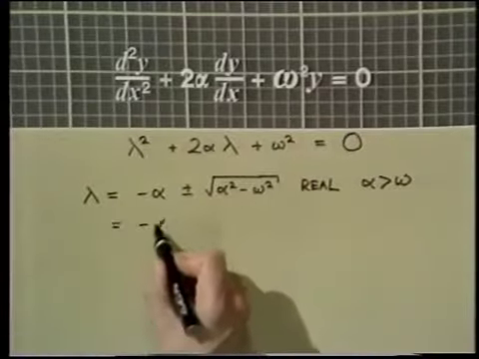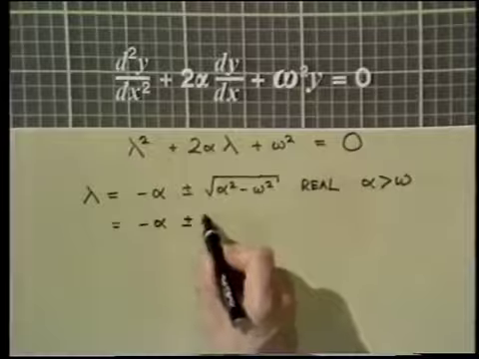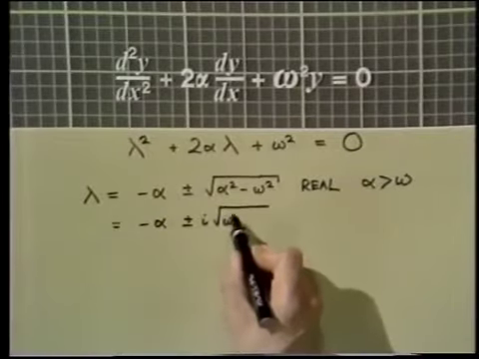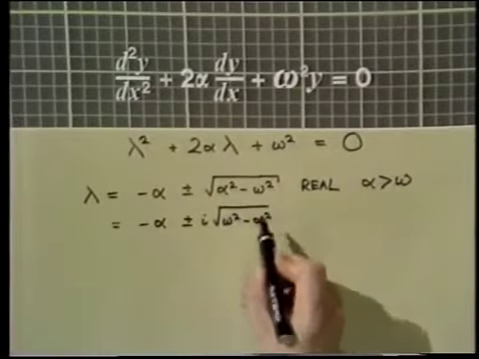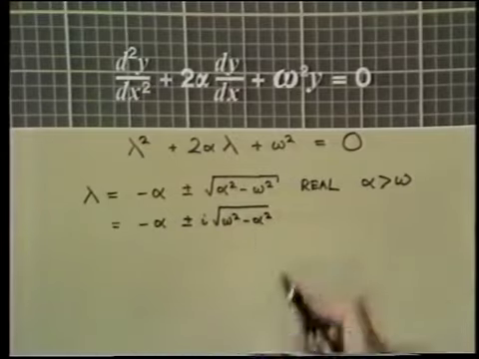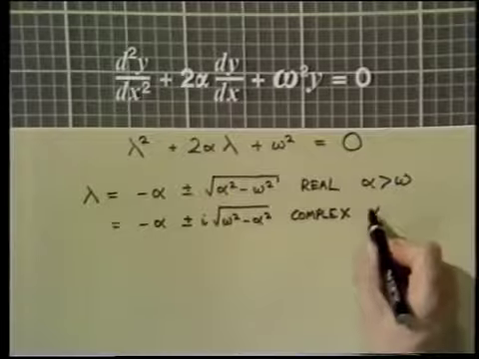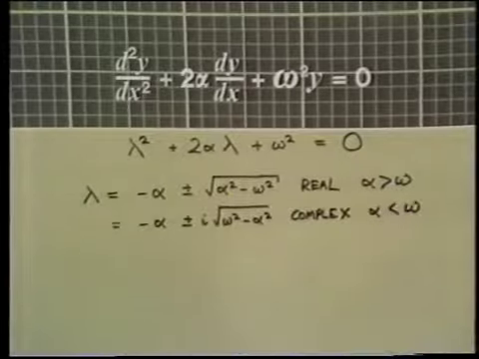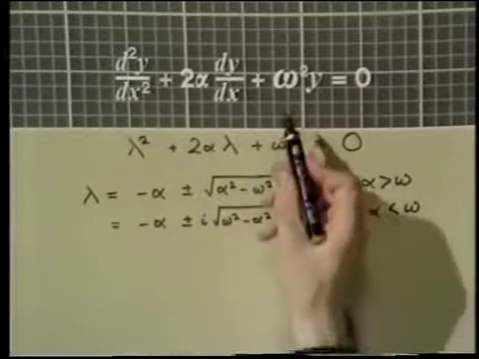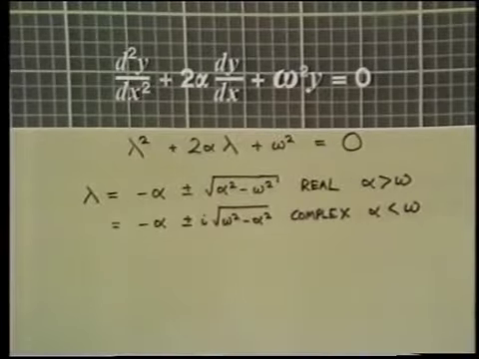And then it's really more convenient to write the roots like this. That makes it quite clear that I've got complex roots when alpha is less than omega. Well, what does all that mean for the solutions of this equation?